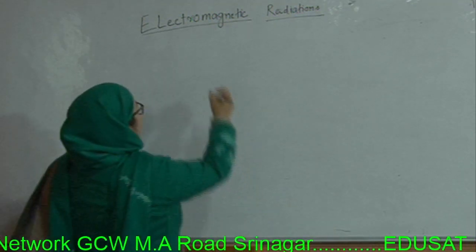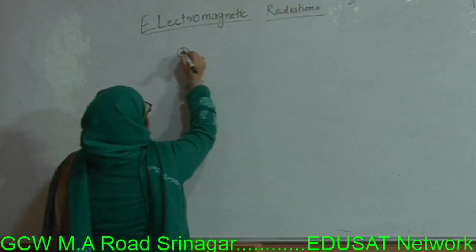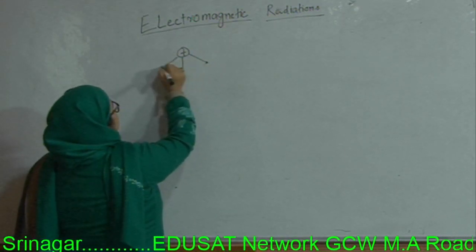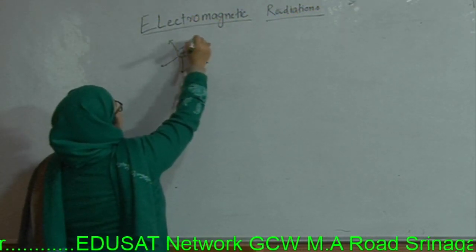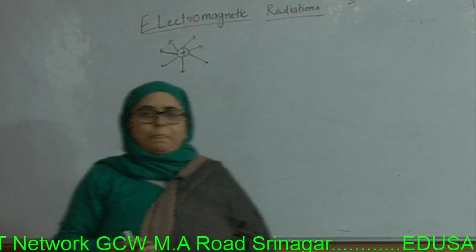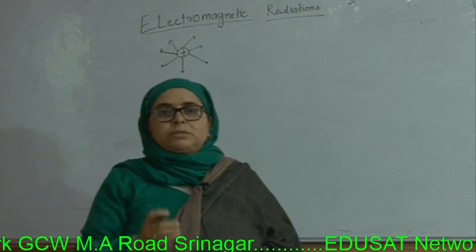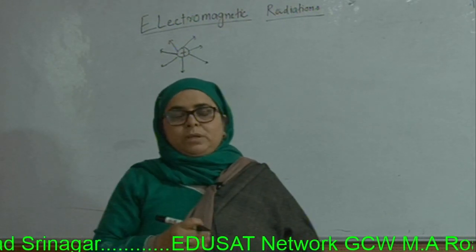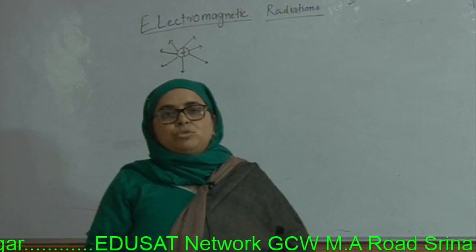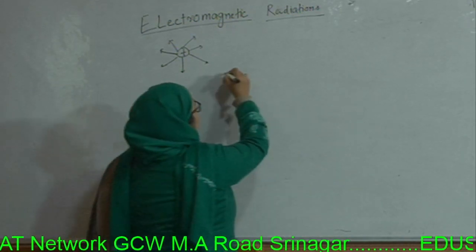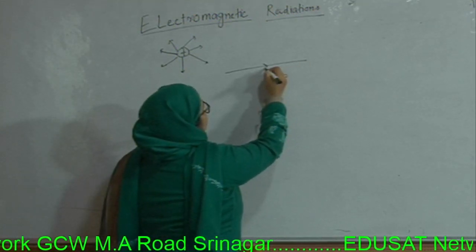For example, we have got a positive charge. This is the electric field. So, a stationary electric charge produces an electric field around it. And where from do we get a magnetic field? This is a wire and it carries current.